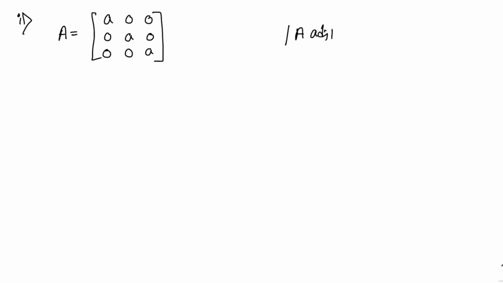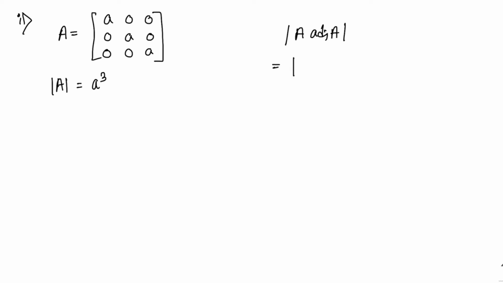Now next one, sum number 7, part 2. Here A equals a, 0, 0, then 0, a, 0, after that 0, 0, a. This is the matrix, and again you have to find det A and det adjoint A. Here det A is very easy, it's a cube.